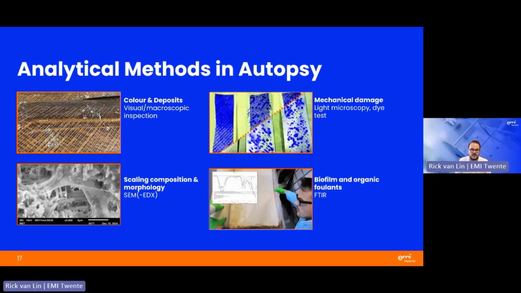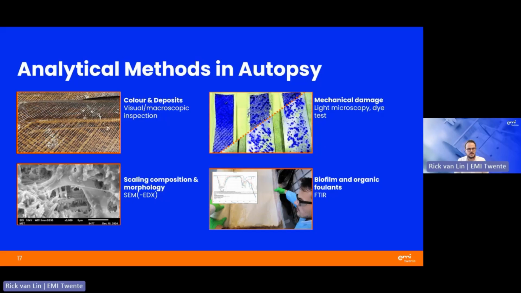So we've made a selection in analytical methods to investigate membrane failure. And this always starts with a visual and microscopic inspection. So opening up the membrane, looking at it, and seeing if there's a discoloring, if there's deposits on there, if there's creases in the membrane, if there's space protrusion.